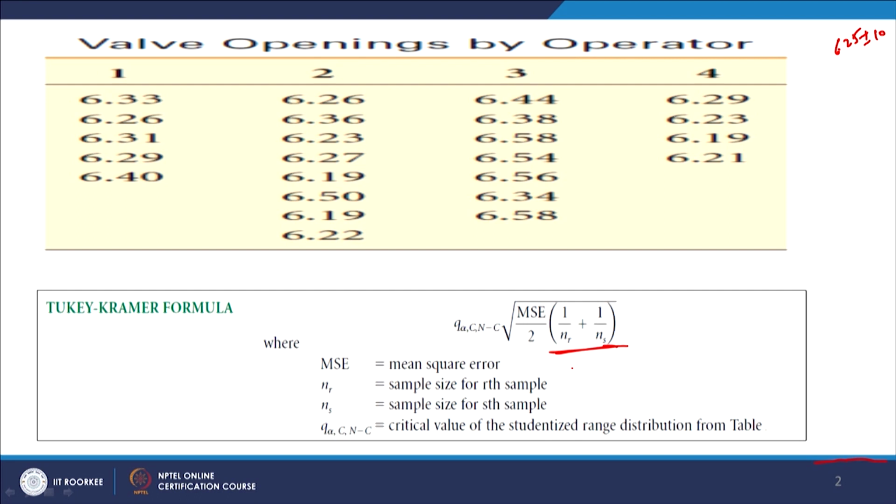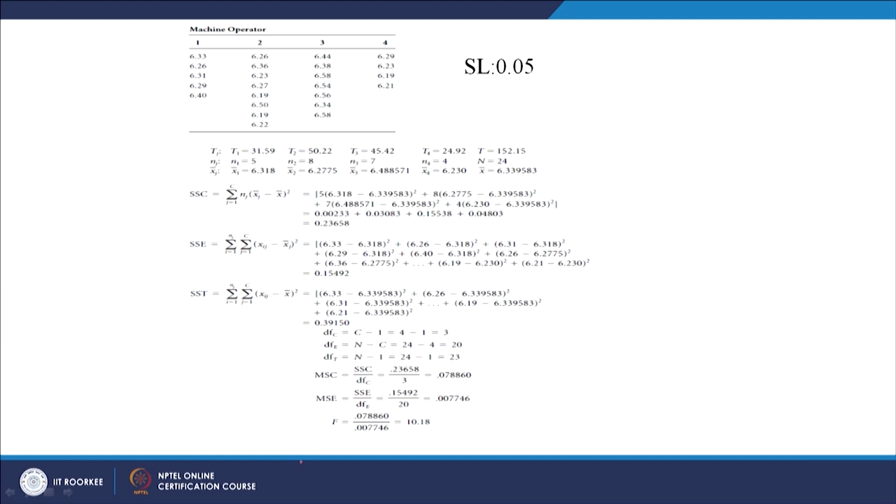The formula for this, we have already seen all these values. So, let us look at the solution to this particular question. We will test it at the 0.05 significance level. So, we will calculate the column sum of squares, error sum of squares, and total sum of squares at appropriate degrees of freedom.